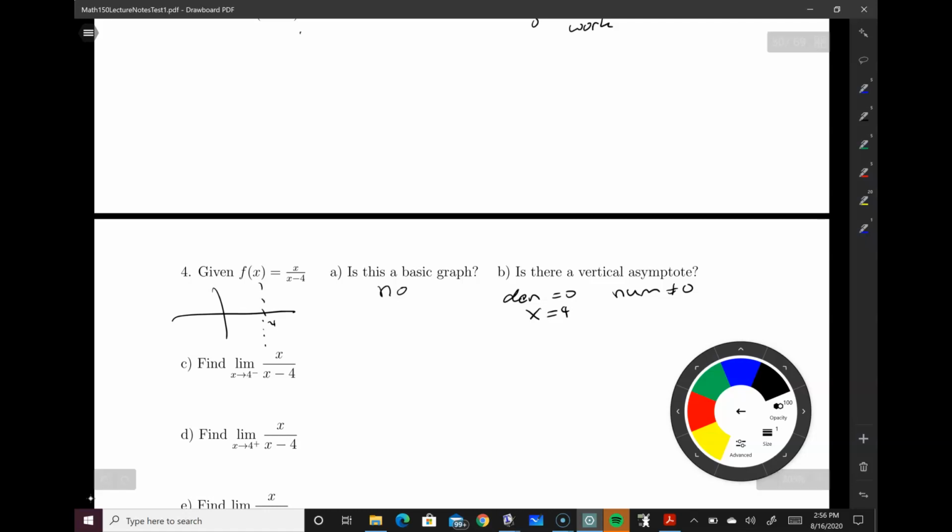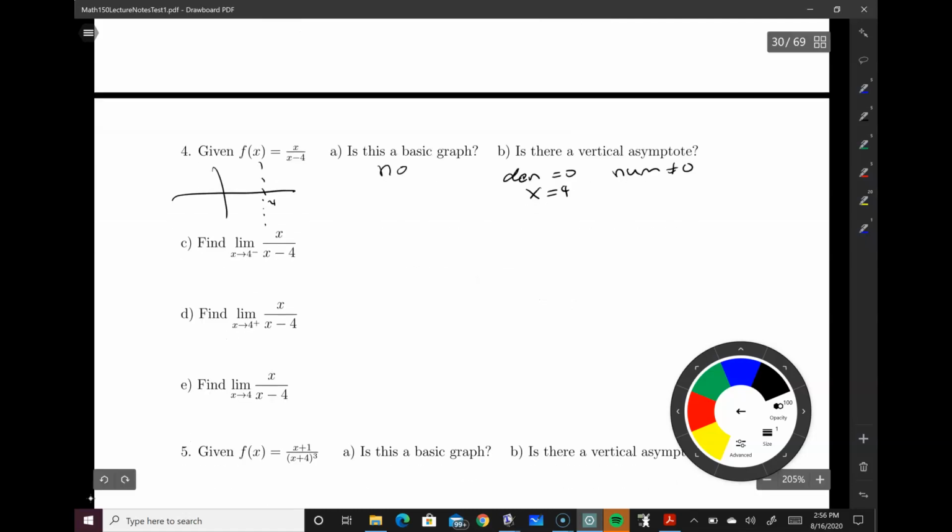So now it's my job to figure out what's happening close to that 4. If I'm going towards 4 from the left, remember limits are really, really close, and if I'm moving towards a vertical asymptote, for sure I'm going to positive infinity or negative infinity. So I'm going to pick a number like 3.9, because that's close to 4 from the left.